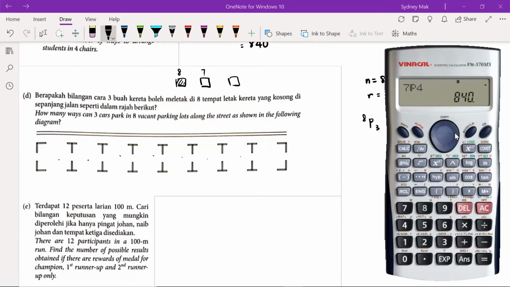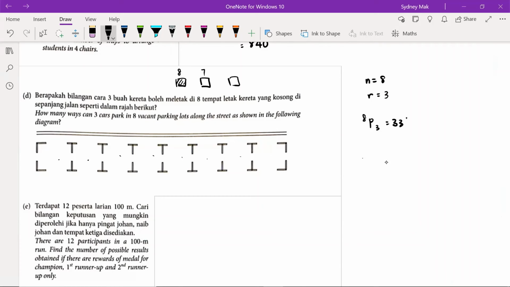I use the existing function in the calculator and just change the numbers n and r, so I don't have to press Shift nPr again. So 336 is the answer. When we see this answer, we get the full marks.